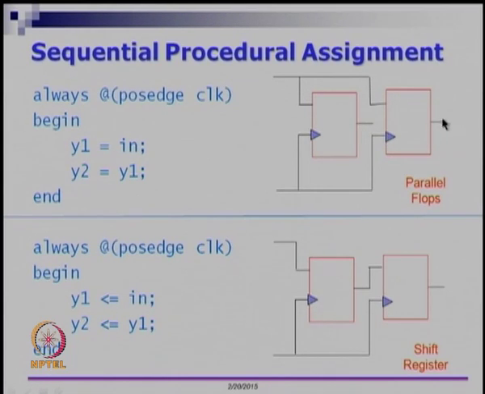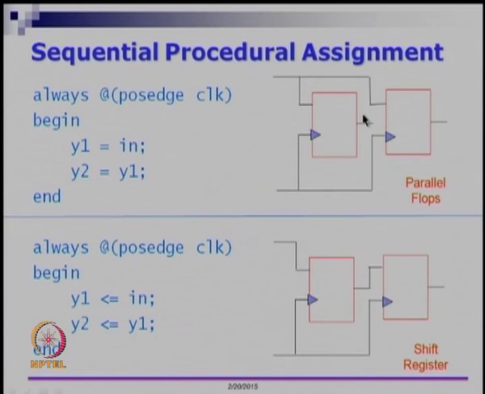This is y1, this is y2. Flip flop 1 and flip flop 2 are exactly the same. The circuit correlates to whatever you wrote as a procedure, and whatever you wrote as a procedure correlates to the circuit. In fact, if you give it to tools, the tools may realize that these two flip flops are taking the same input and giving the same logical value.